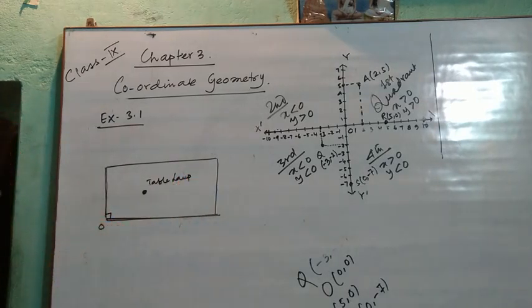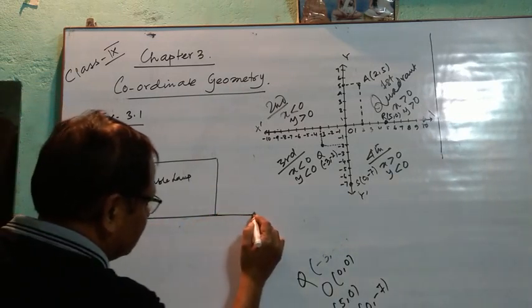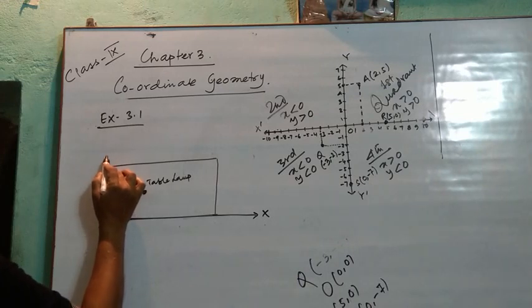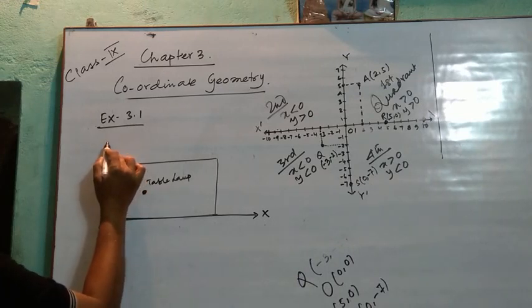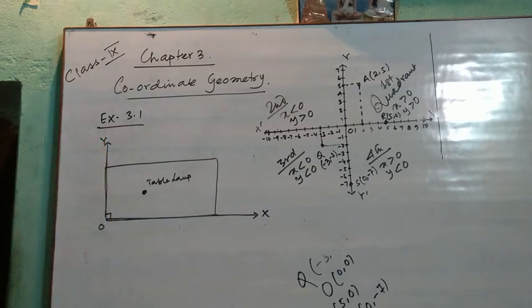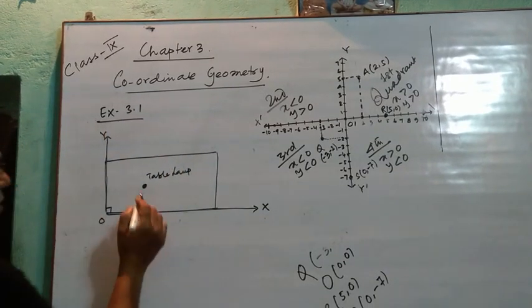Now this will be 90 degrees. This is one of the axes. Let it be the x-axis. And this side of the table, the smaller side, we can take as the y-axis. There is no hard and fast rule. You can take this one as x-axis and this one as y-axis. This is the frame of reference.